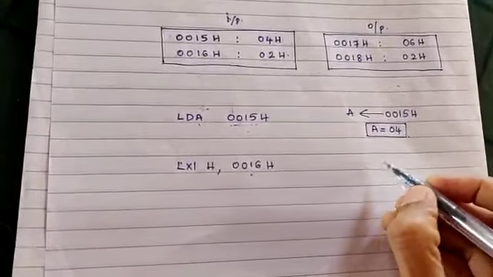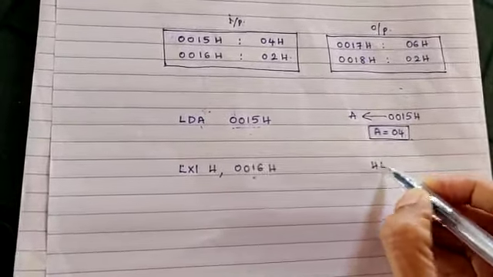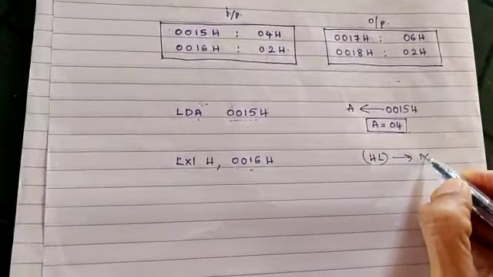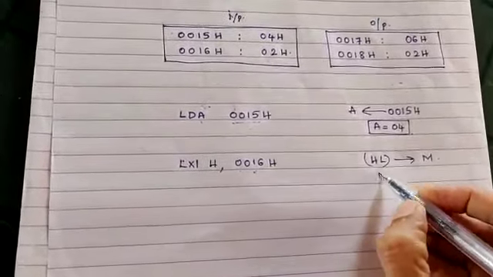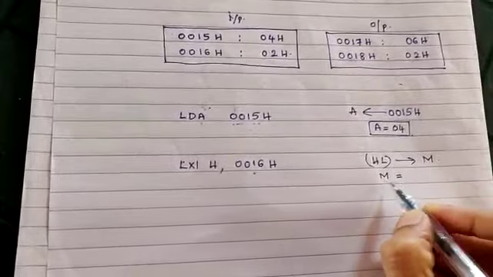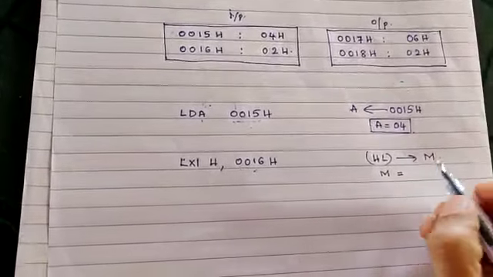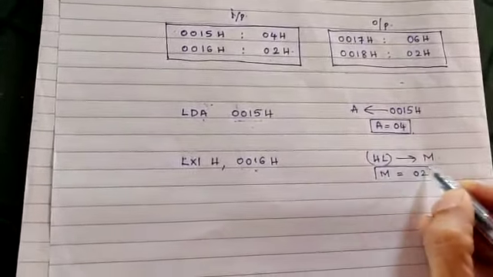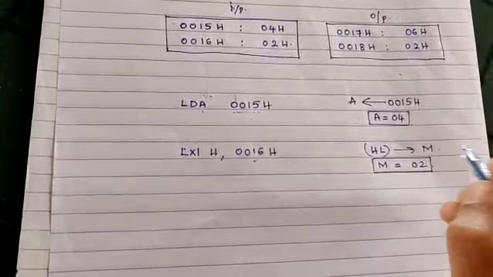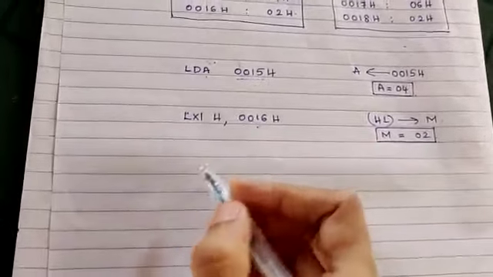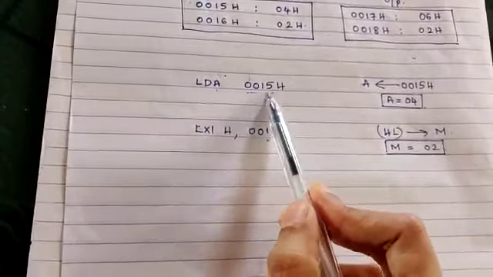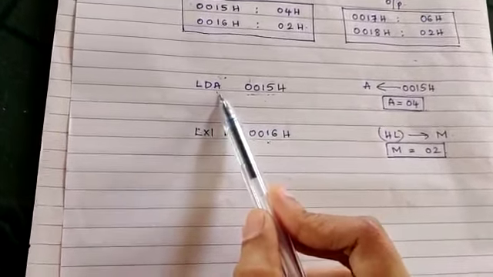Right now we have HL acting as the memory pointer here. So in the memory address 0016, we have the second number, 02, which we have assumed.